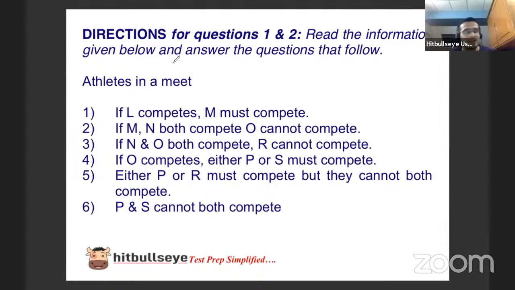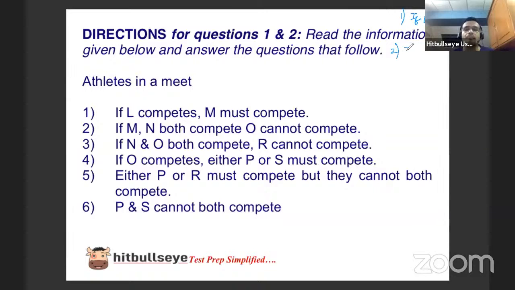We have an athletics meet, and the athletes in the meet are given with the following conditions. If L competes, M must compete. So what is the first condition? If L is competing, then M must compete. Second, if M and N both compete, O cannot compete.